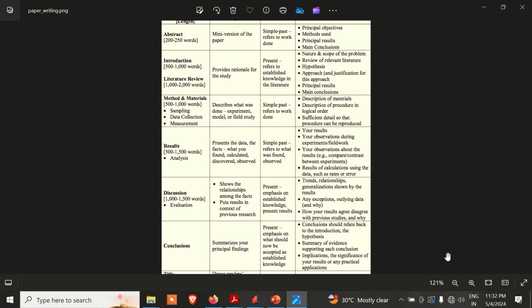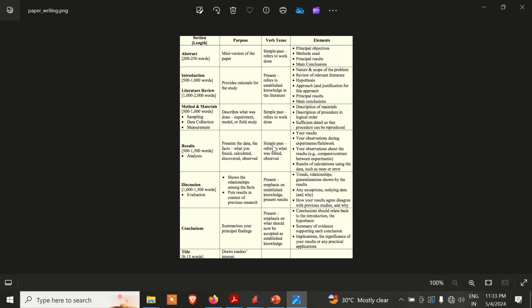So the conclusion should relate back to the introduction, the hypothesis, and a summary of evidence supporting each conclusion. But everything is in brief because your conclusion cannot be a chapter or a big section. It is again a few words. And the implications and significance of your results may be in terms of practical applications.